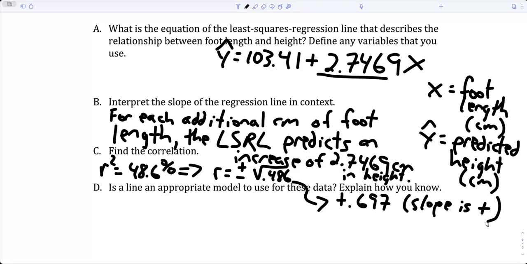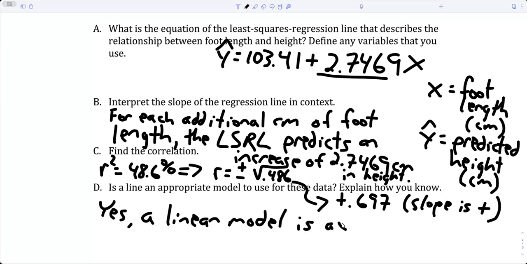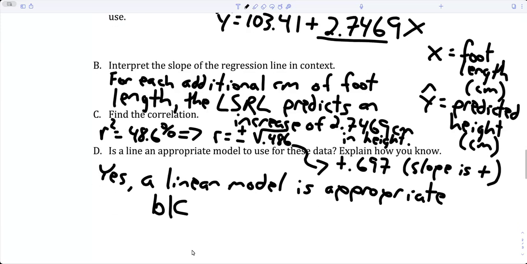And the last question here says, is a line an appropriate model to use for these data? Explain how you know. Yes. A linear model is appropriate because, what's the last part?